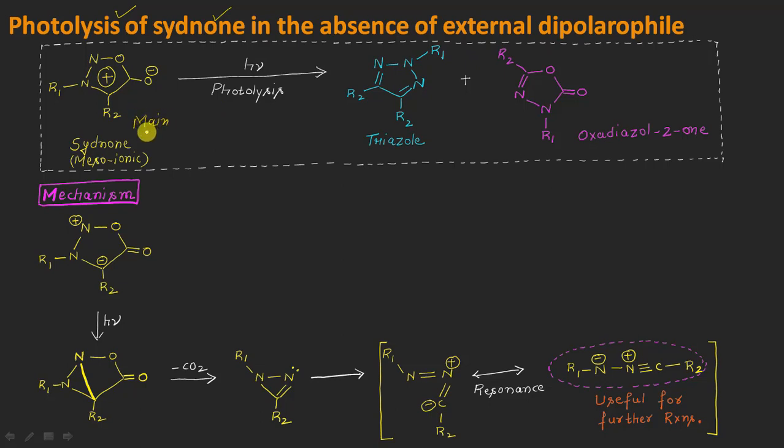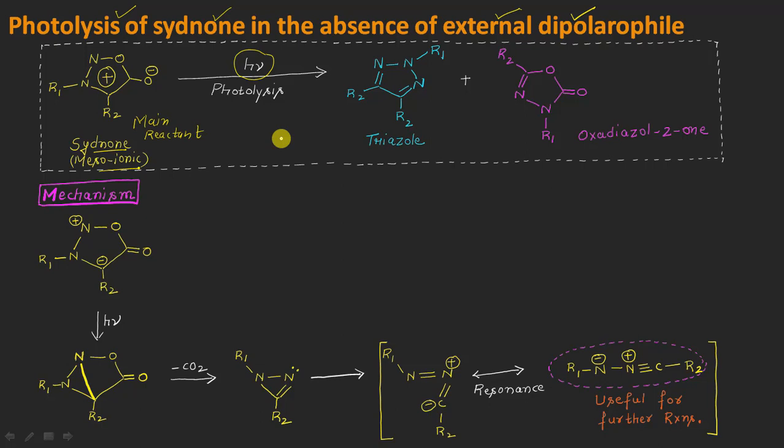Because we are talking about the photochemical reactions, we are providing energy in the form of h nu, and instead of this Sydnone mesoionic, you cannot see any other reactant molecule here, meaning this reaction is completely occurring in the absence of an external dipolarophile. We are not adding any kind of dipolarophile here in this reaction, right?